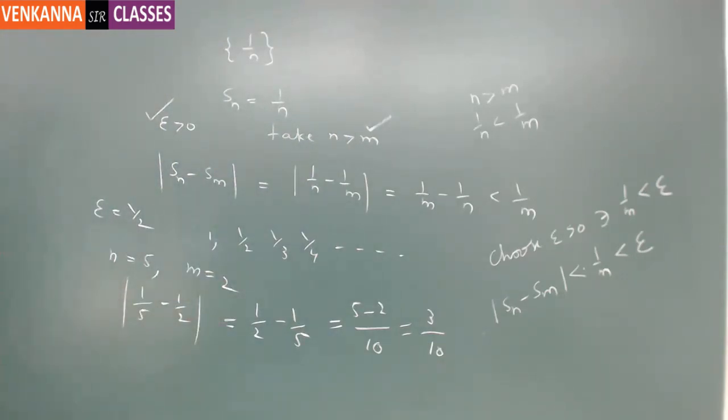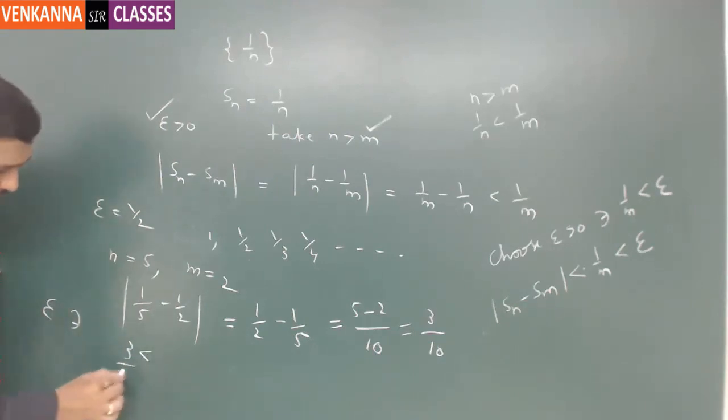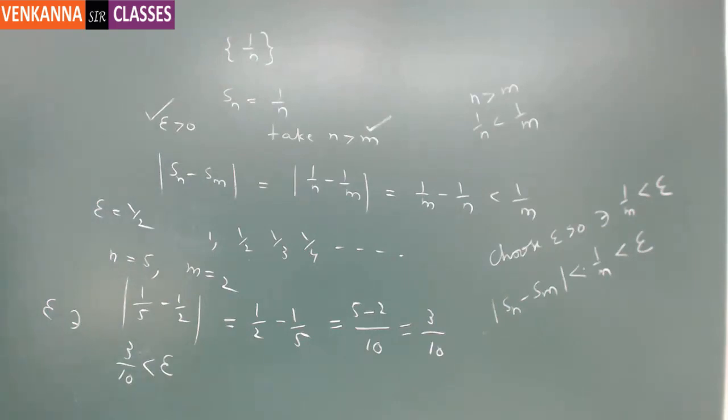You are going to choose epsilon such that 3 by 10 is less than epsilon. So what could be the choice of epsilon there? Four? 0.4.